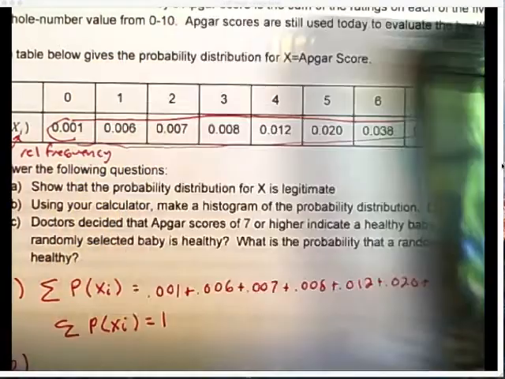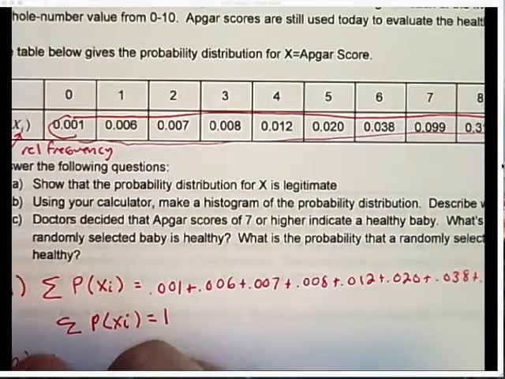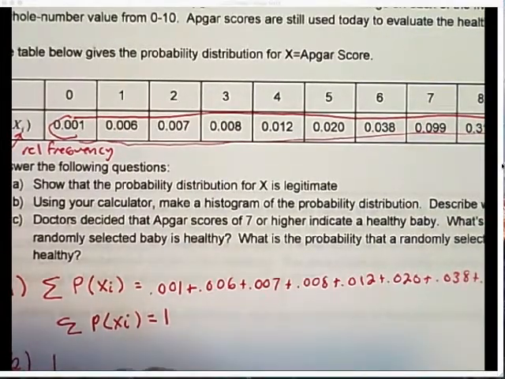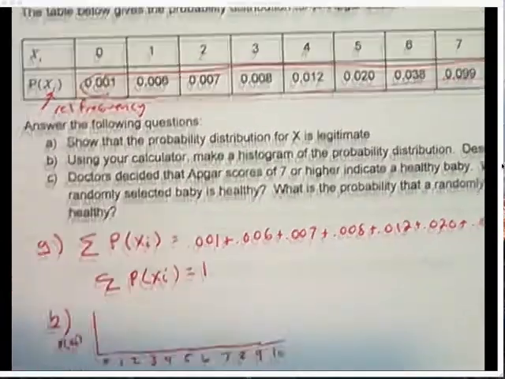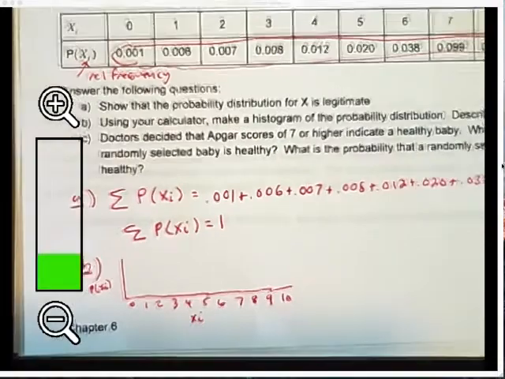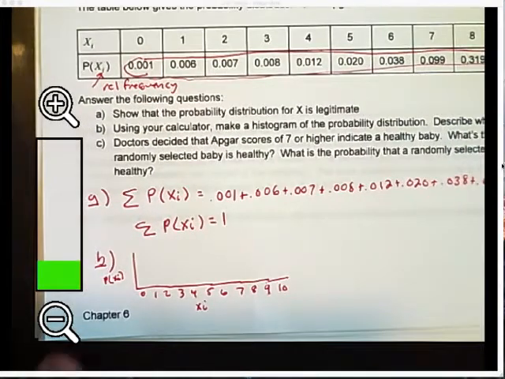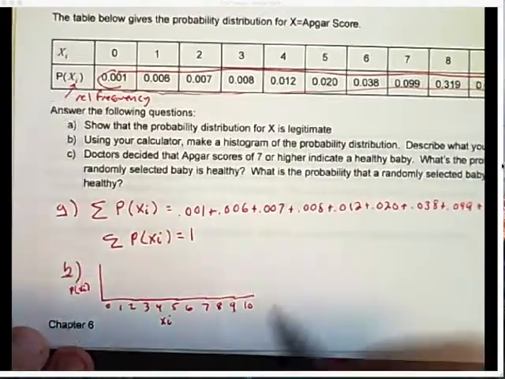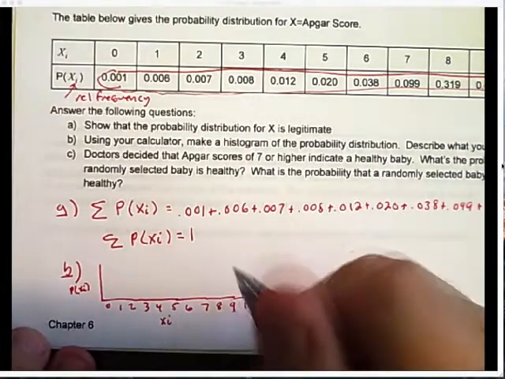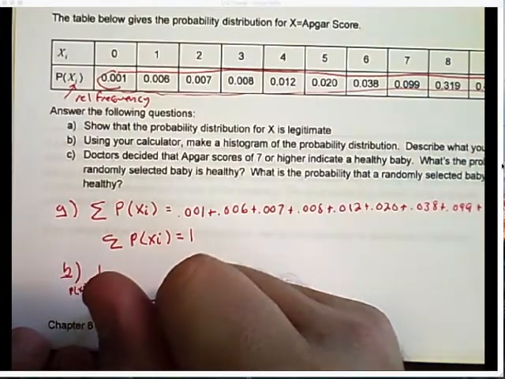So when we put the APGAR scores on the x-axis, and we put the probabilities of the APGAR scores, the xi are the actual APGAR scores, and then you can just copy it over. So it's really, really small at the beginning.